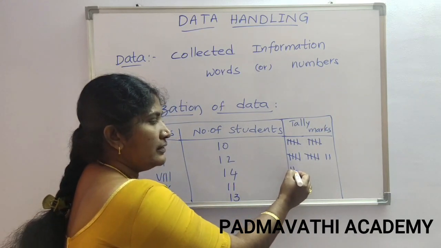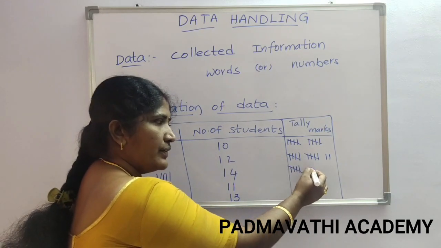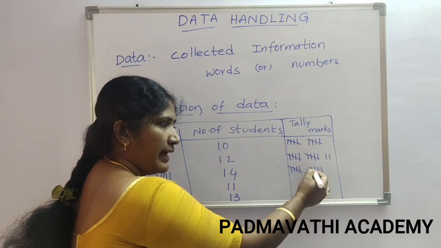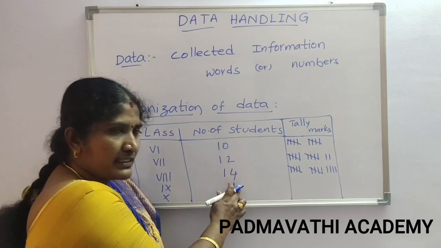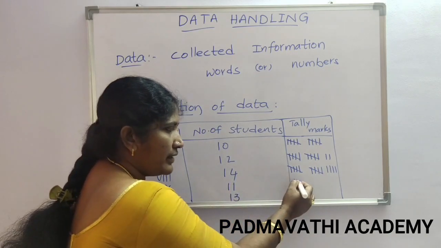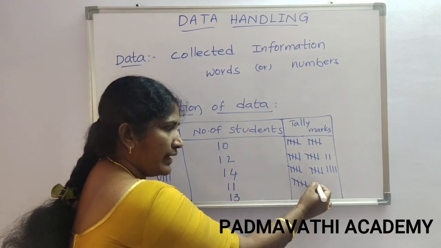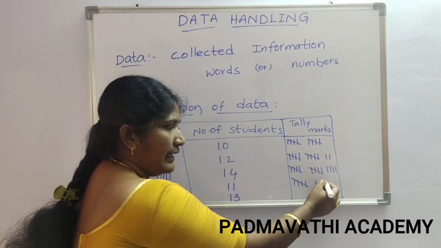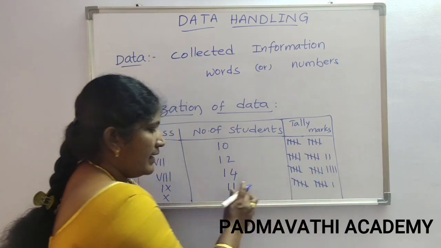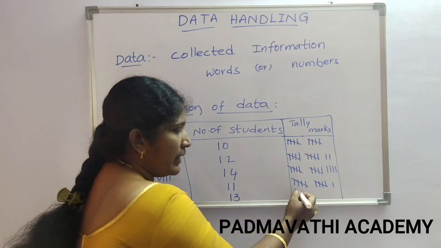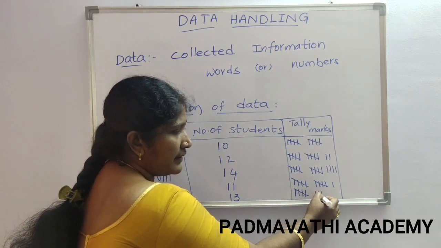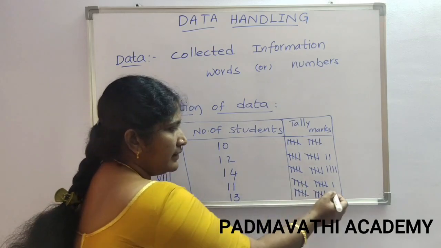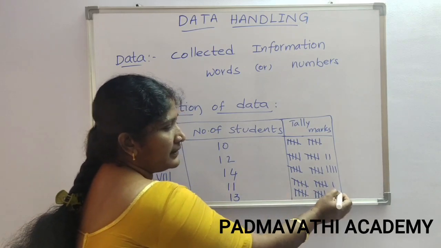Next 14: 1, 2, 3, 4, 5, 6, 7, 8, 9, 10, 11, 12, 13, 14. Next, number of students 11: 1 to 11. Then 13: 1 to 13.